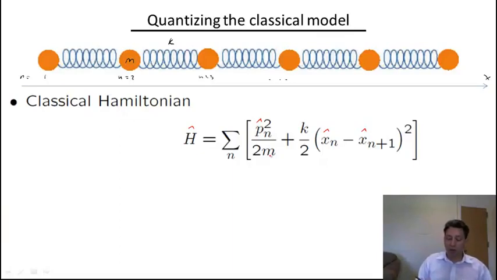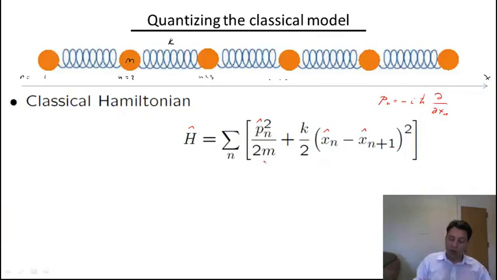So for example, if we're working in position space, p sub n is simply minus i h bar d over dx n. So it acts only on the coordinate of the nth oscillator.